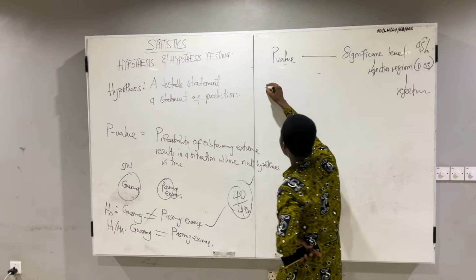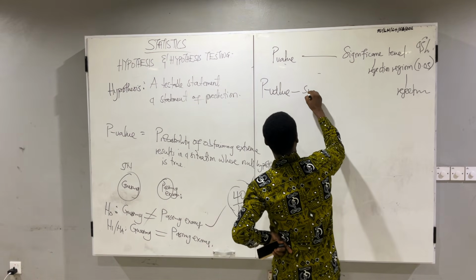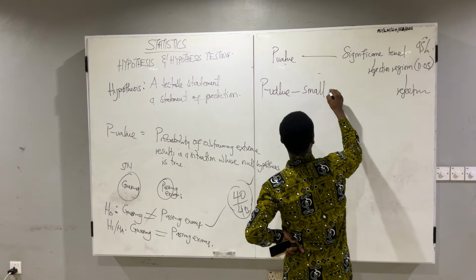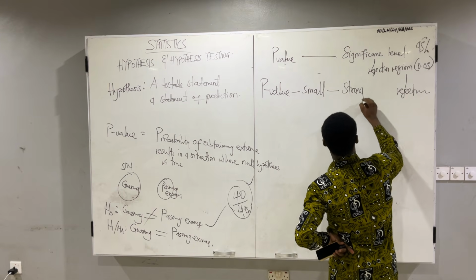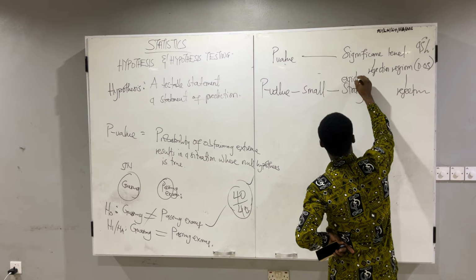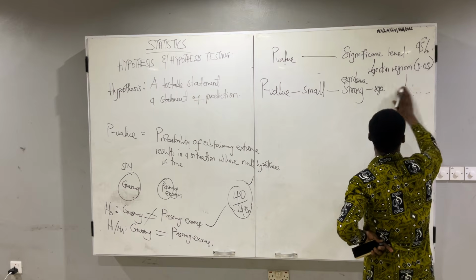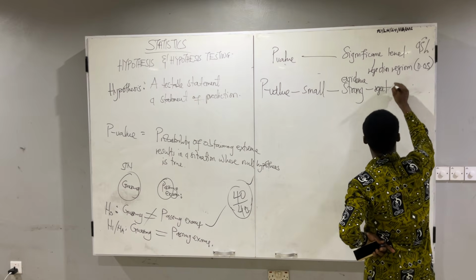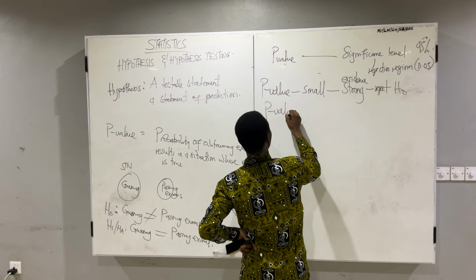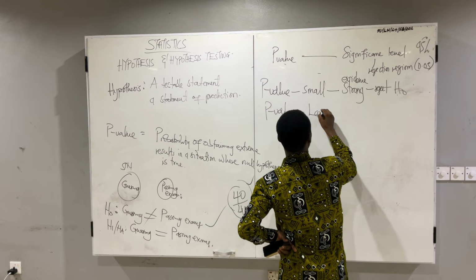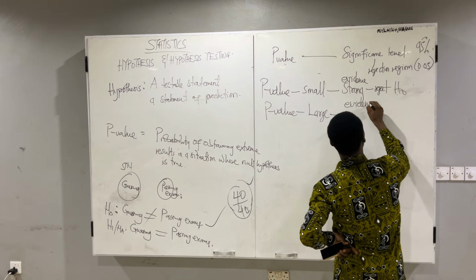Okay? So if the p-value is small, evidence is what? Strong. Evidence is strong. You reject H naught. Now, if the p-value is large, evidence is weak.